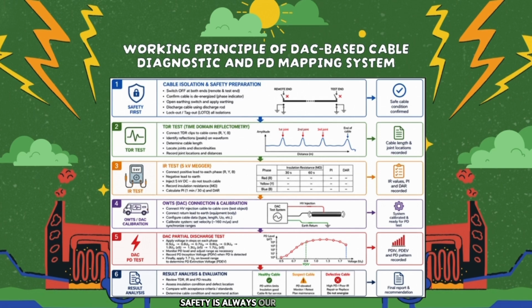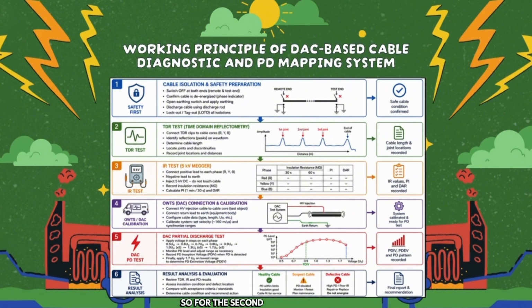Safety is always our highest priority. We switch off both the remote and test end. Confirm the cable is completely de-energized using a phase indicator. Apply earthing, discharge remaining energy with a discharge rod, and implement strict lockout or tag out procedure.